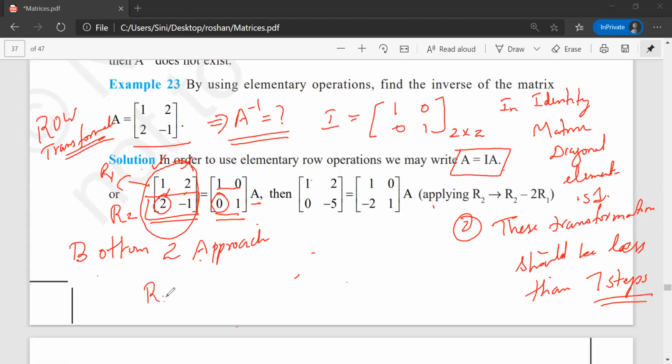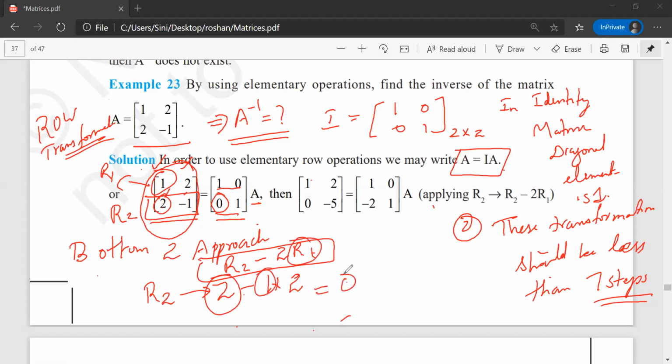So what I will do is R2 gives 2 minus, this 2 minus, I should get 2 minus 2 here. Here I got 1, so 1 into 2. Which means R2 gives R2 minus 2R1. If I'm substituting this, R2 value is 2, and R1 value is 1, so this will give me 0.